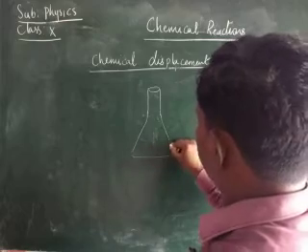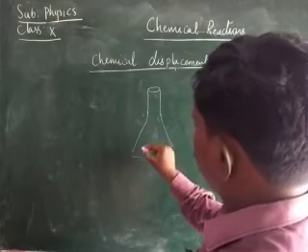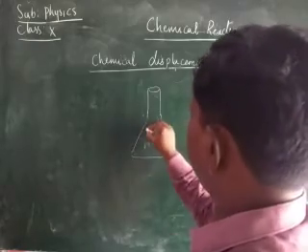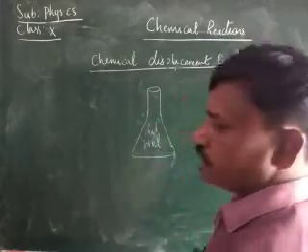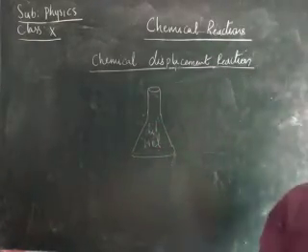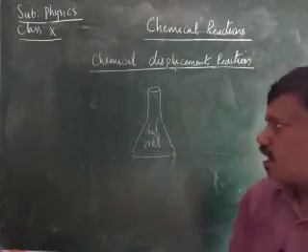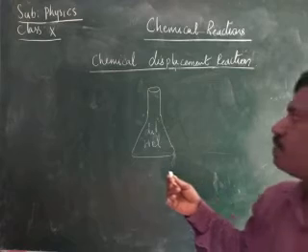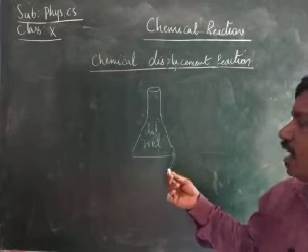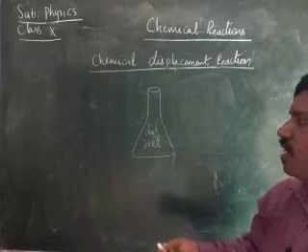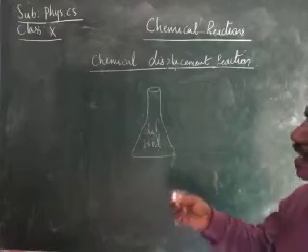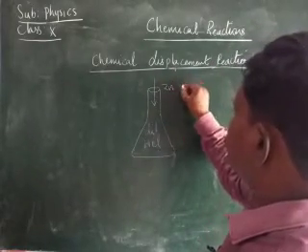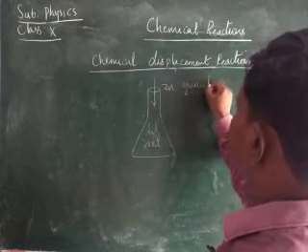In the conical flask, you should take a little bit of dilute HCl or dilute H2SO4. After adding the dilute HCl in the conical flask, we should place the zinc granules inside. Granules means small pieces.